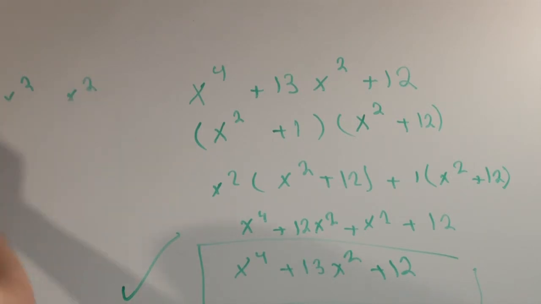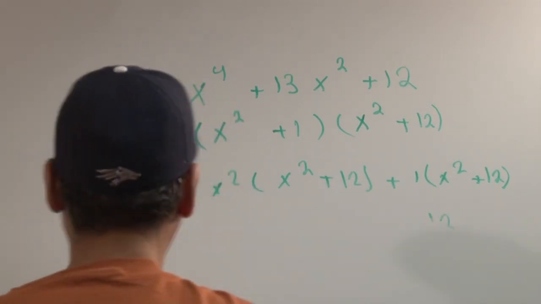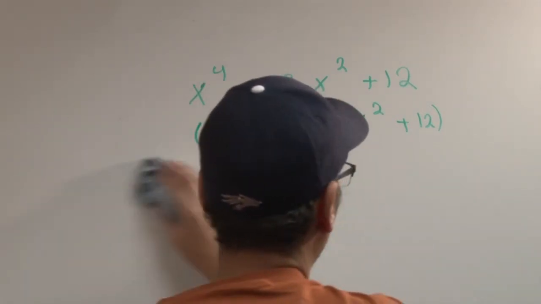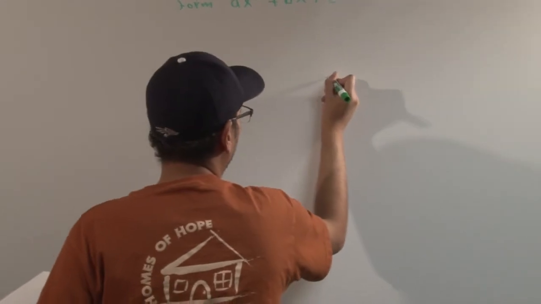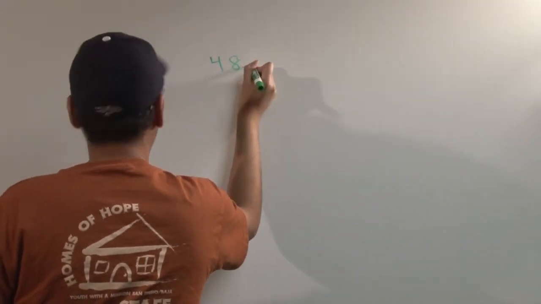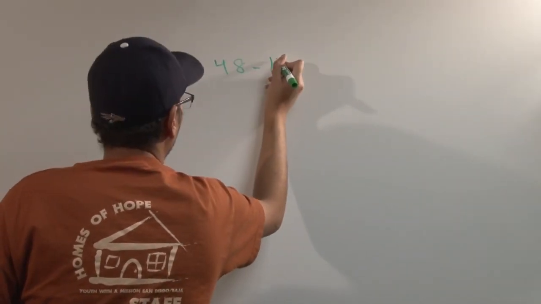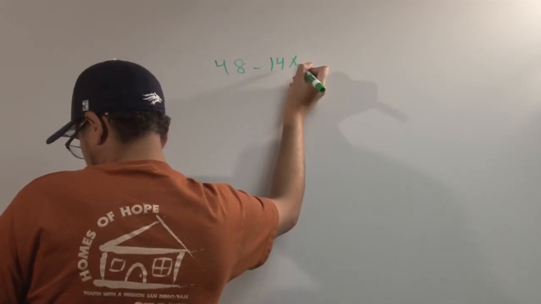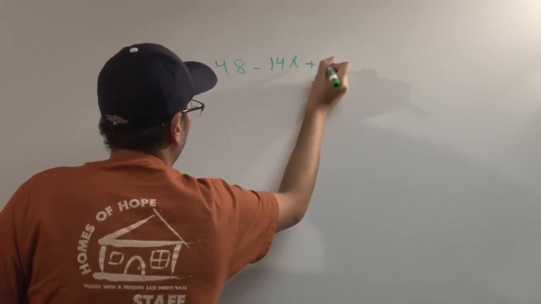Last example for today. And by this, I hope that we would be good with factoring, this kind of factoring. 48 minus 14x plus x squared.